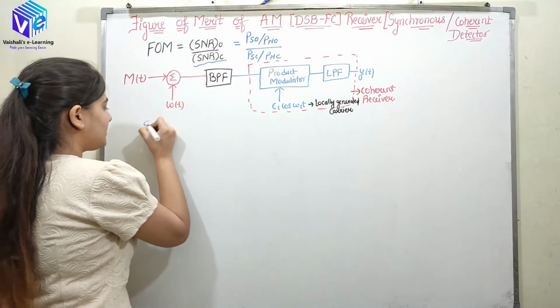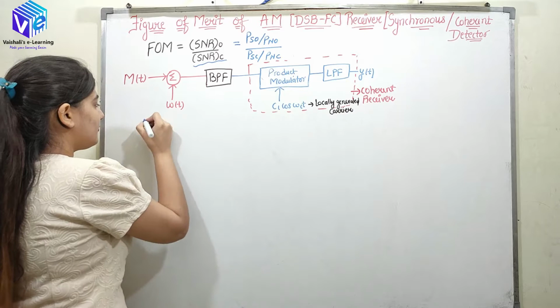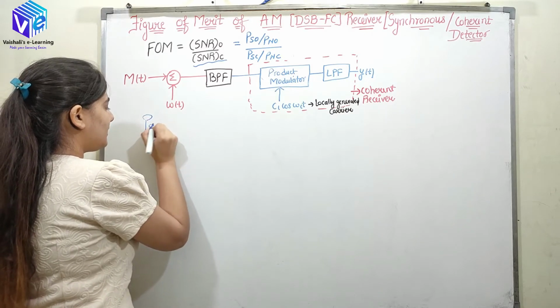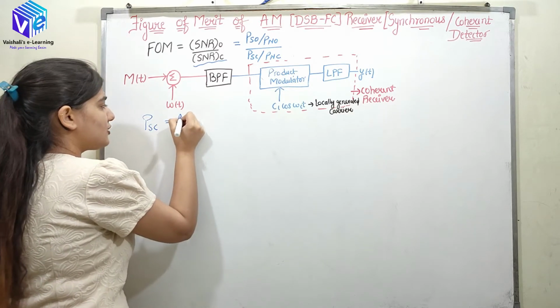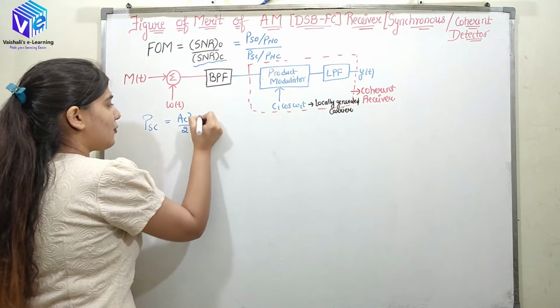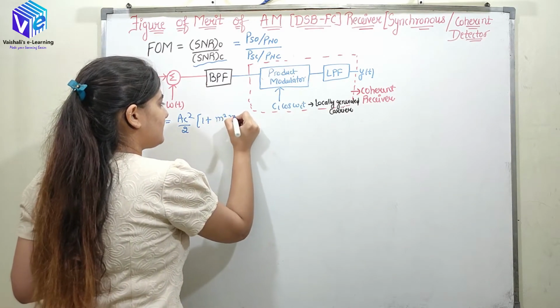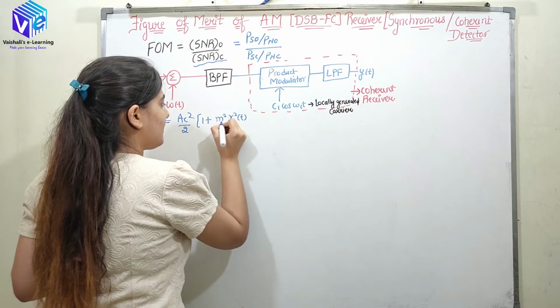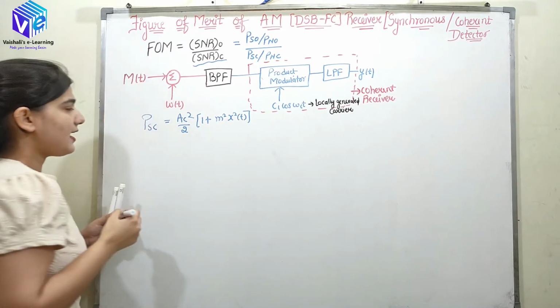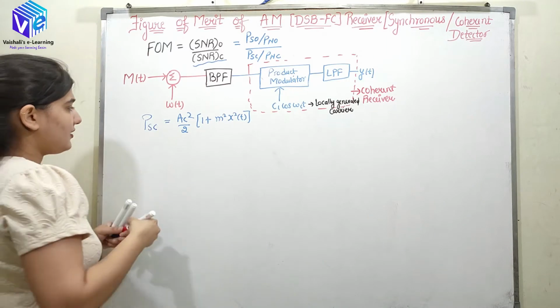The SNR of the channel was found using the power of the signal in the channel, which was equal to Ac squared upon 2 times (1 plus m squared x squared(t)).